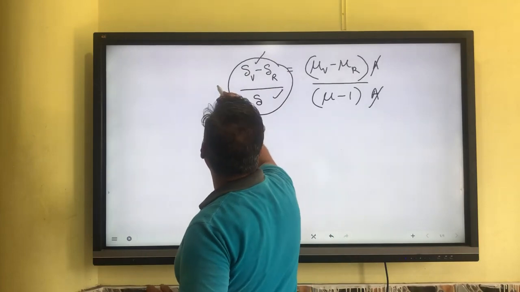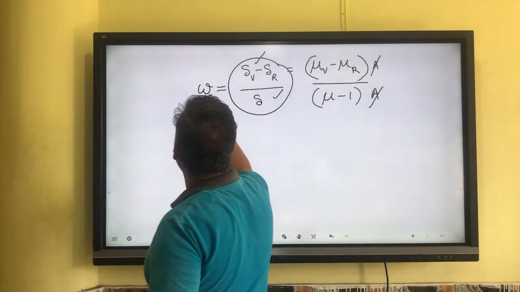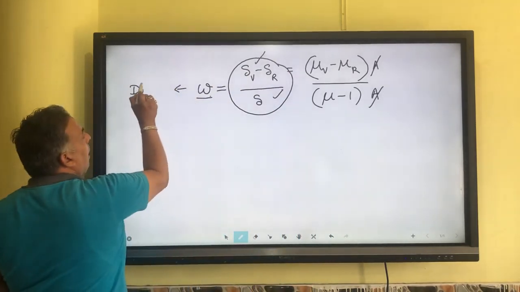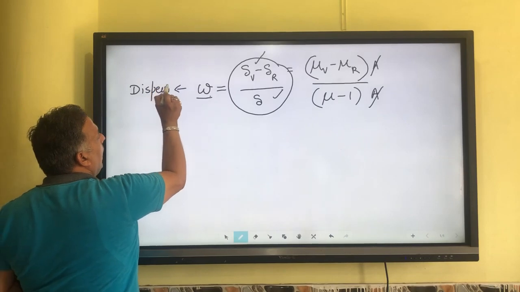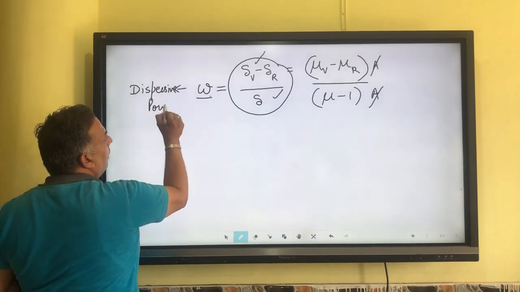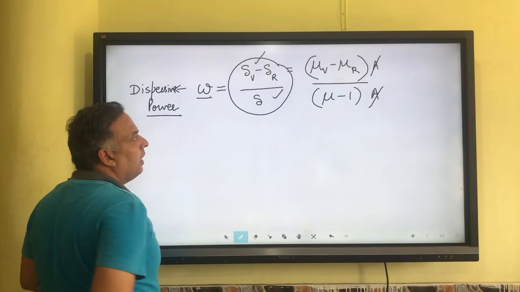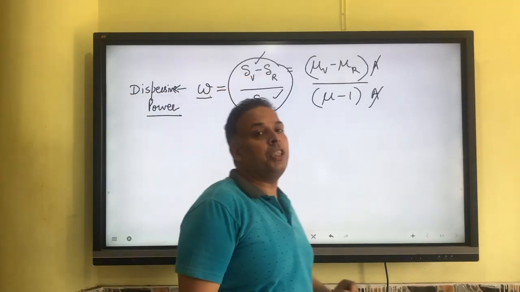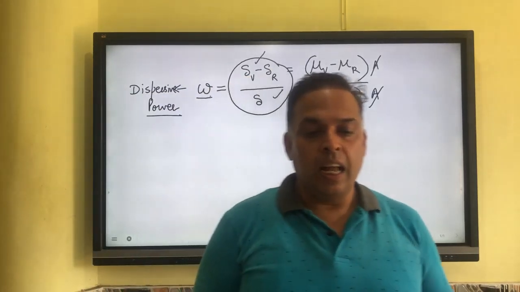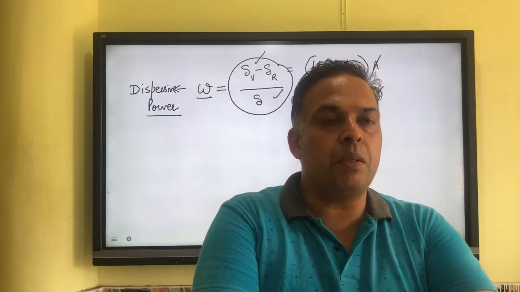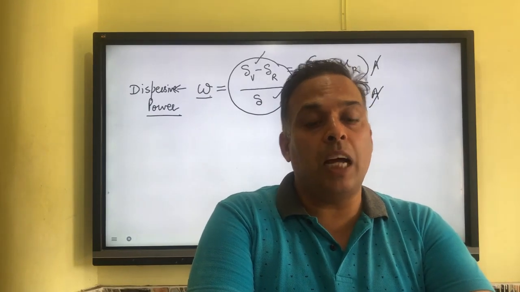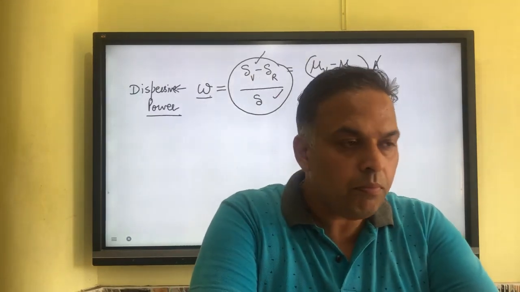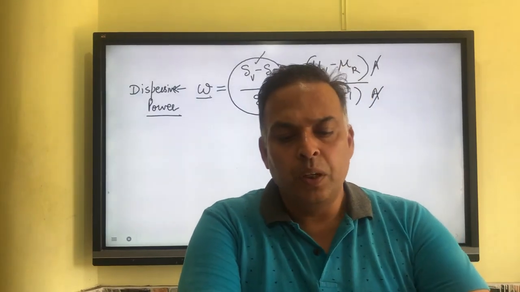Angular dispersion upon mean deviation is called dispersive power. Dispersive power depends upon the material of the prism, and it is with respect to any two colors.